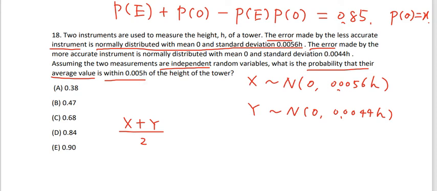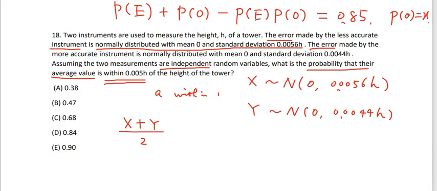So we want to find the probability that the average value is within this. Within means this number is within 1 of the height.